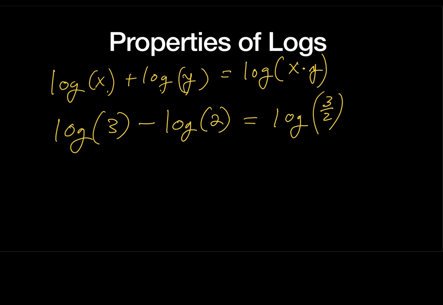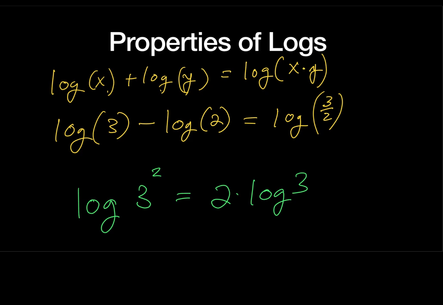Our third property is slightly different. So if I have log of 3 squared, this is the same as 2 times log of 3.